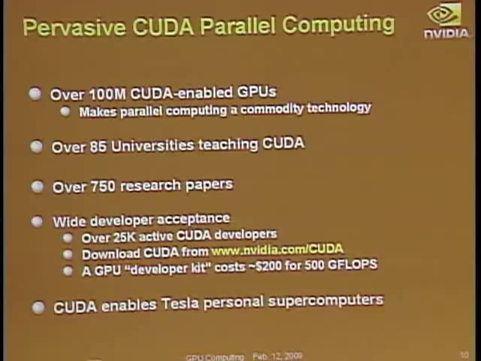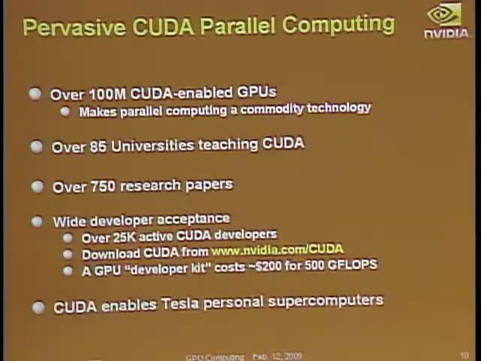When I was at MasPar Computer back in the late 1980s, we were really excited about selling the first 100 massively parallel machines, and the trouble was they cost $250,000 to $500,000 to $1 million a pop. So hardly anybody got to play with them.